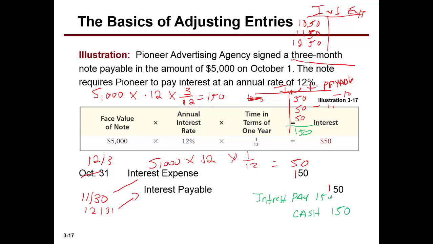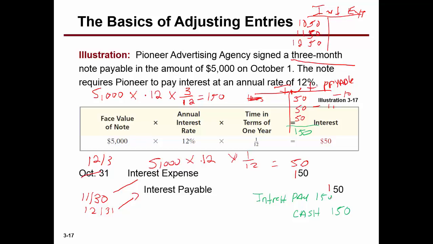Because we're paying him. Is there anything else we owe him at this point? Yeah, we have to pay him his money back, right? I mean, that'd be a really sweet deal if all he made me do is pay interest and I could keep the cash. I have to pay him the interest and I have to pay him his cash back.